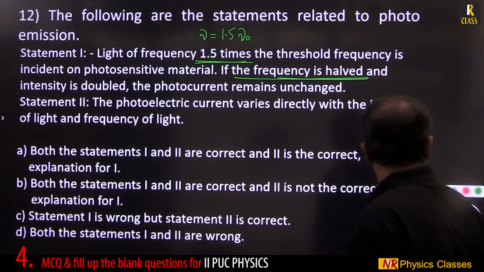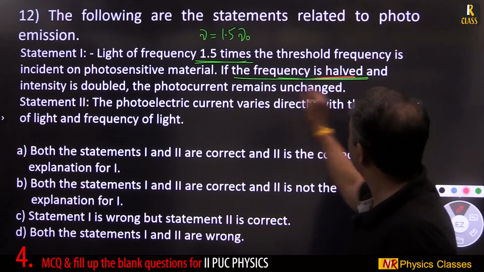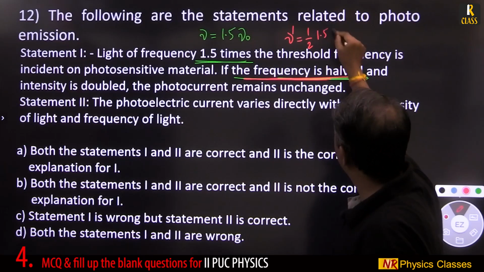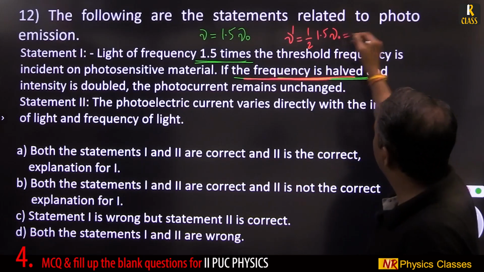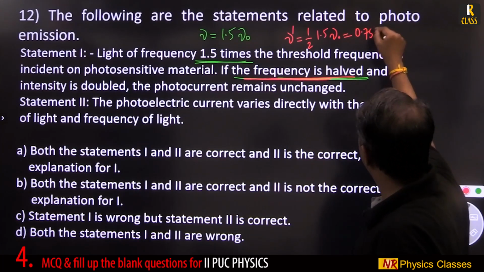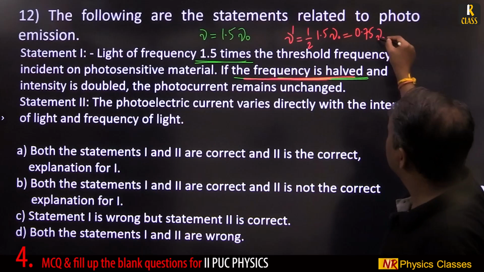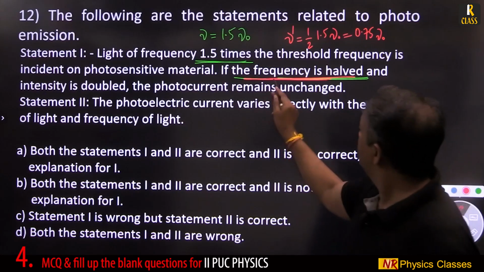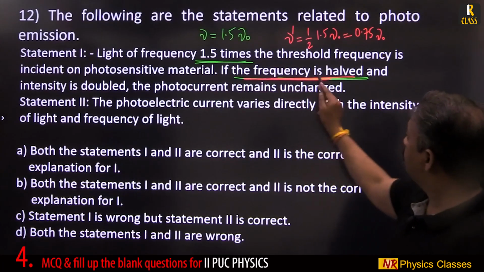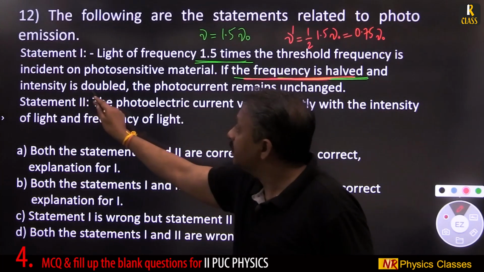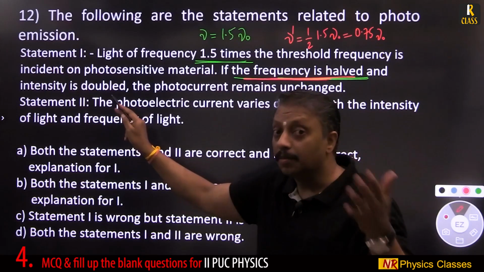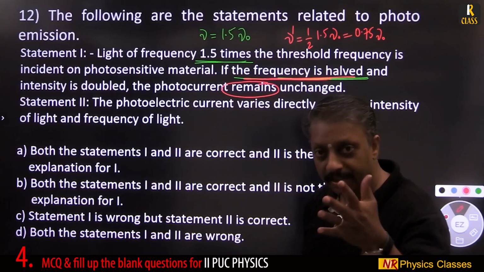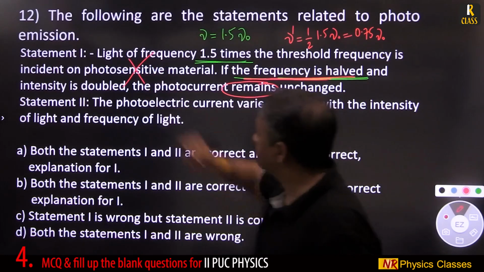Now the frequency is halved, so the new frequency is half of 1.5 mu naught, which is 0.75 mu naught. This frequency is less than the threshold frequency, so there is no emission. The statement that photocurrent remains unchanged is wrong.